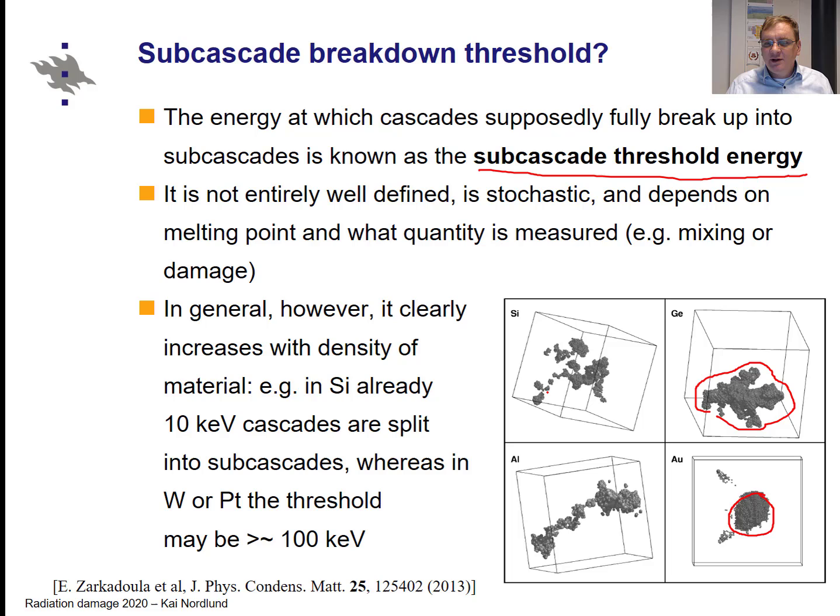But then on the other hand, silicon clearly has already at 10 keV subcascades, because you have clearly isolated damage pockets which form in this case, although one of them is pretty large. And aluminum again, this is really a matter of definition whether you call this thing here a subcascade or a single continuous cascade.